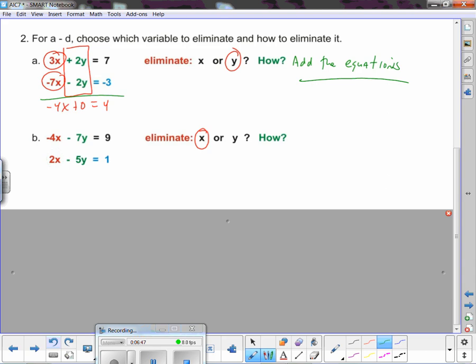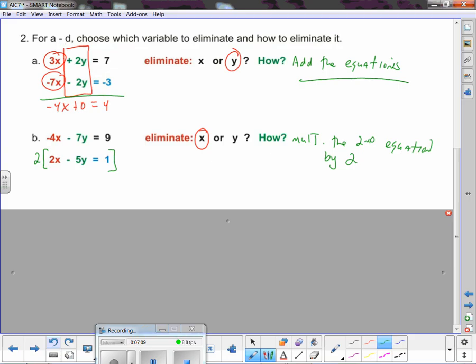So how do you do it? You multiply the second equation by 2. So we're going to put the whole second equation in a bracket, and we're going to put a 2 out in front.